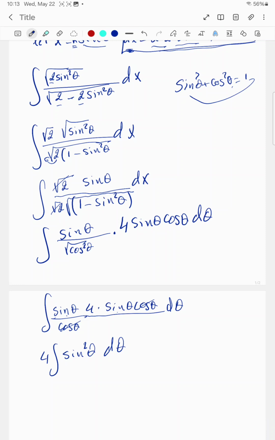There is a formula in the trigonometric identities that says sine squared of theta equals 1 minus cosine 2 theta, divided by 2. That's the formula. Now I will replace sine squared of theta by its value.